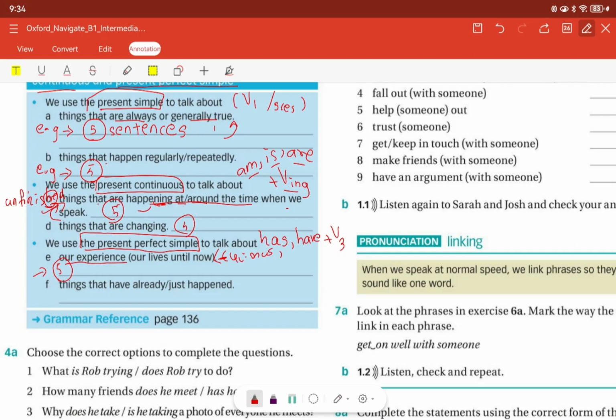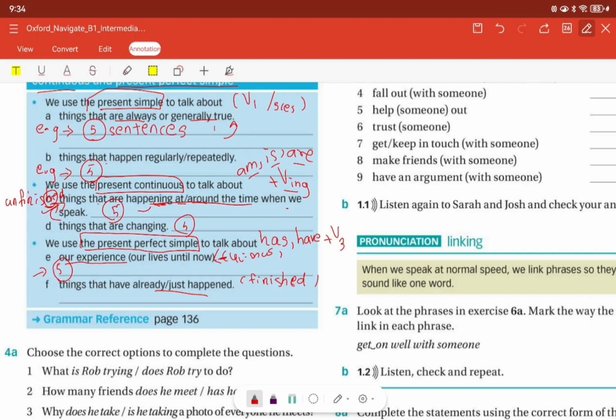The next usage is things that have already or just happened, like a completed or finished action, but it is still related to the present time.